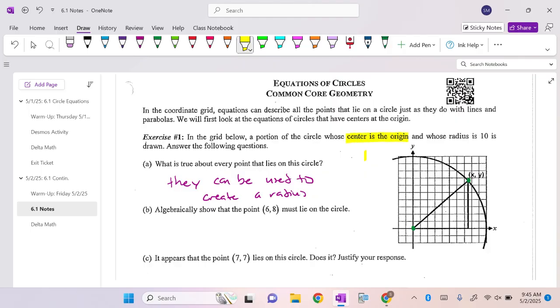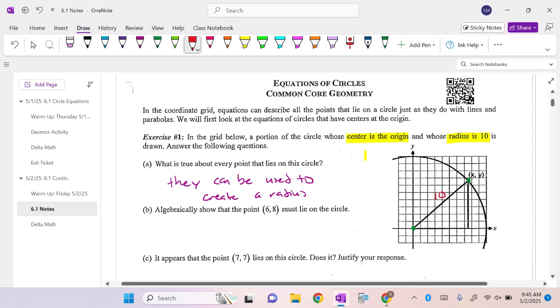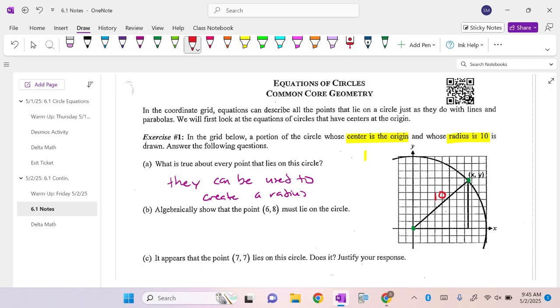So the center is the origin and the radius is 10. So they did give us the center and the radius. The radius here is 10. And what's the point if we're talking about the origin for the center? (0, 0). So my center is (0, 0).